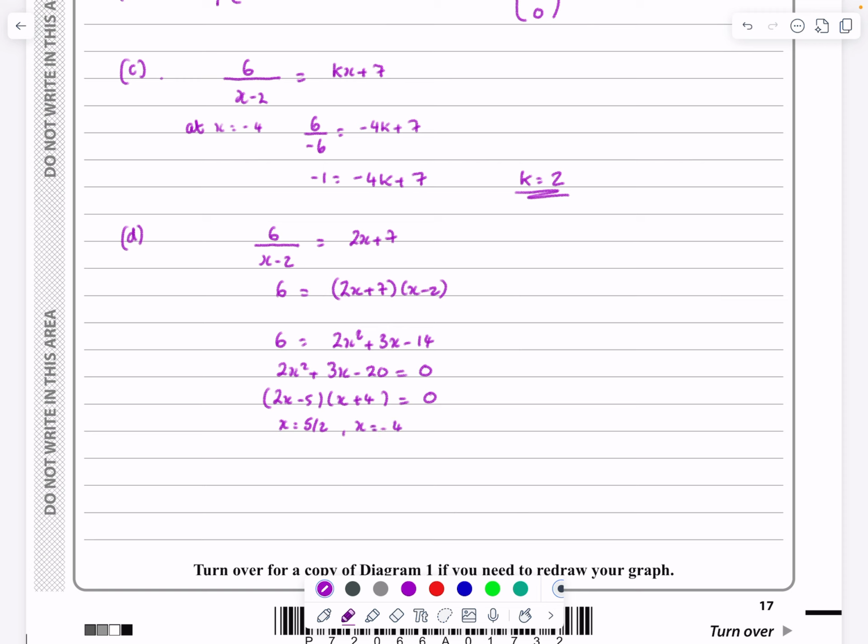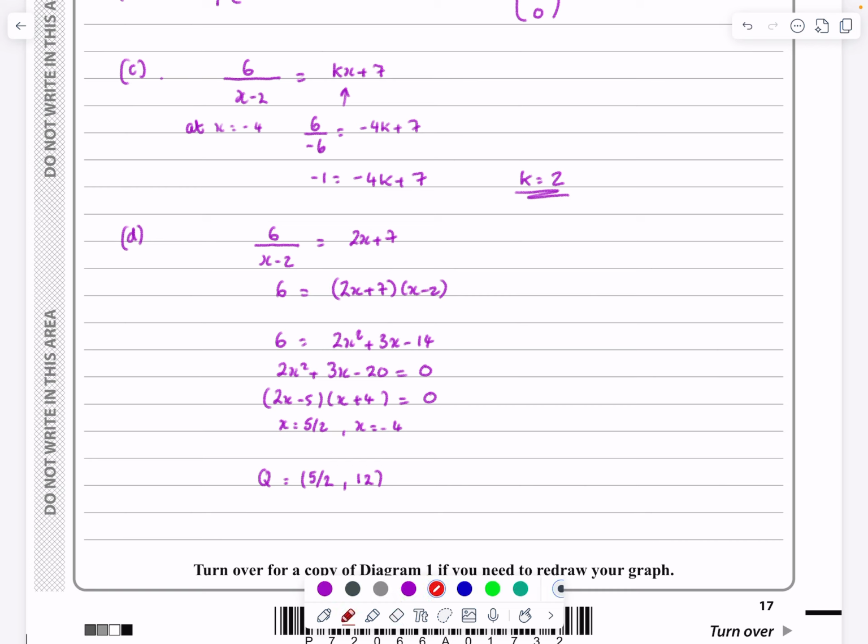So the actual point we would be looking for, Q, would have x equal to 5 over 2. And then what's the y value going to be? Well, you can just put 5 over 2 back into 2x plus 7, and that gives us the answer of 12. So that's the answer. You can stop the video there for most of you.